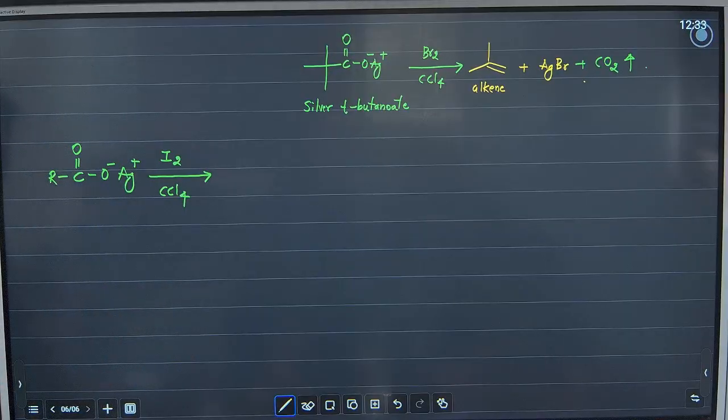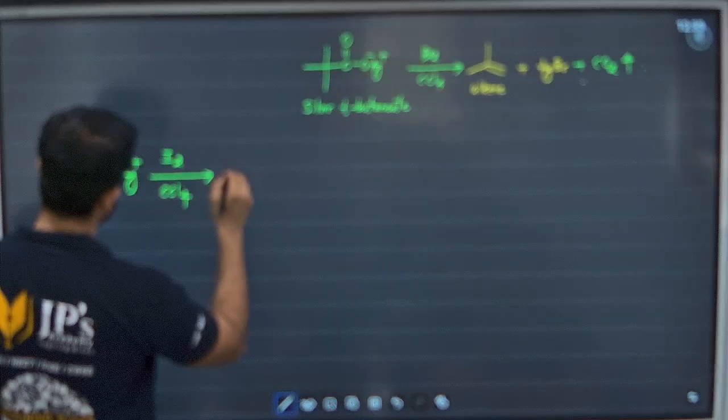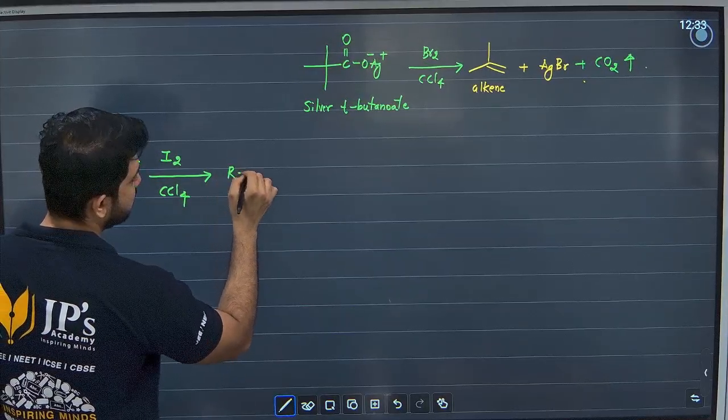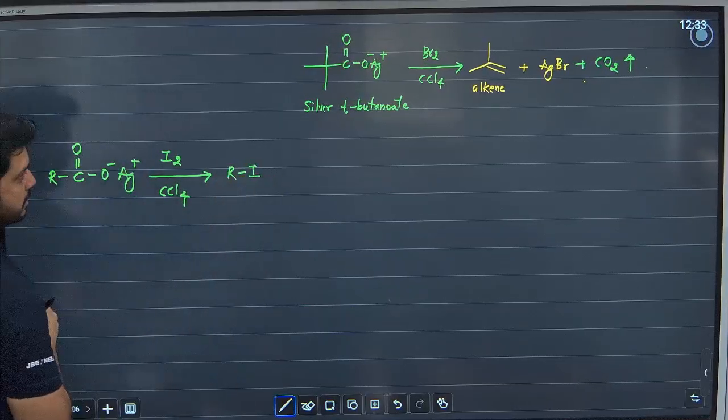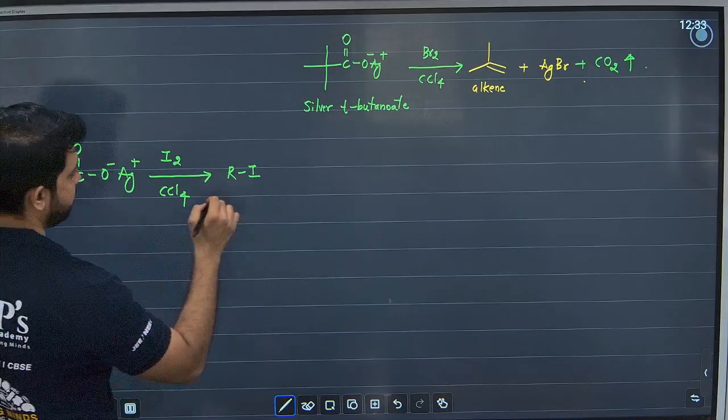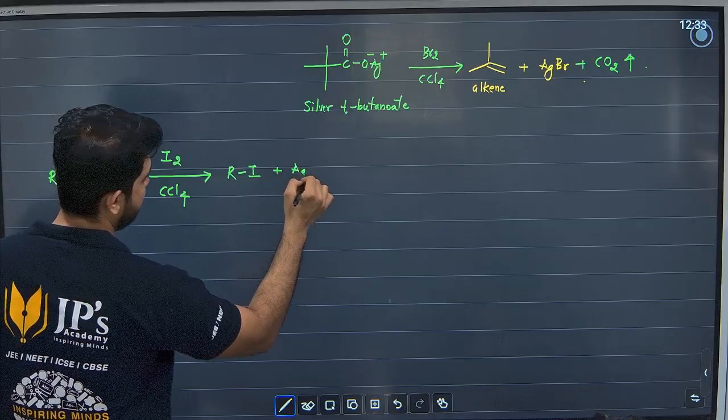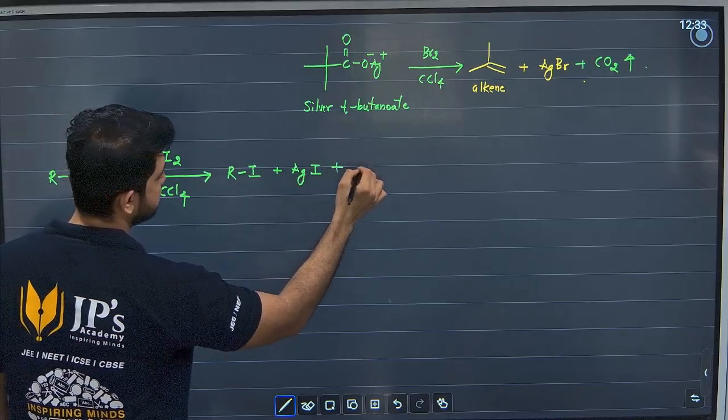Complete this reaction for me. इसको करेंगे तो क्या मिलेगा? You'll get RI plus AgI plus CO2.